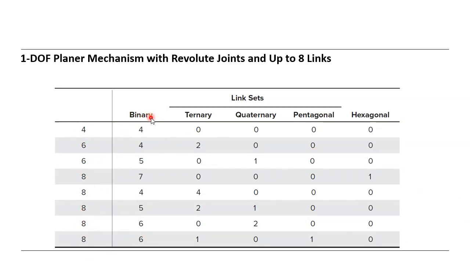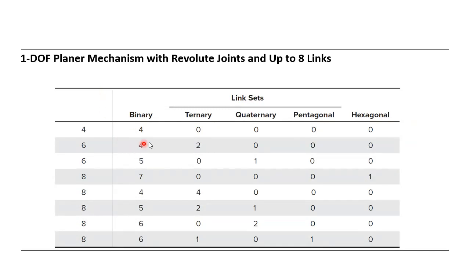So binary link and ternary link, quaternary link, and pentagonal or hexagonal, and so on. So depending on the type of the links, you can create a mechanism.